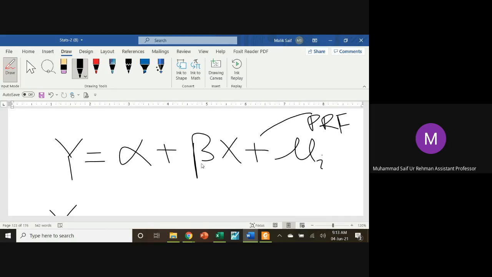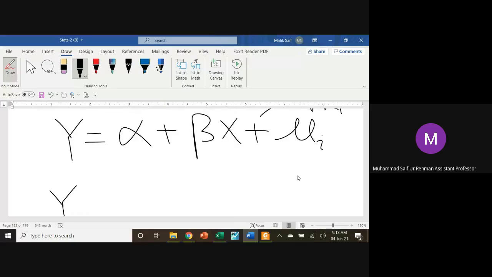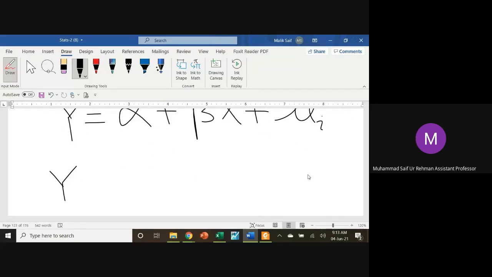But as we are unable to find the values for these parameters, what we do is take a sample into account.